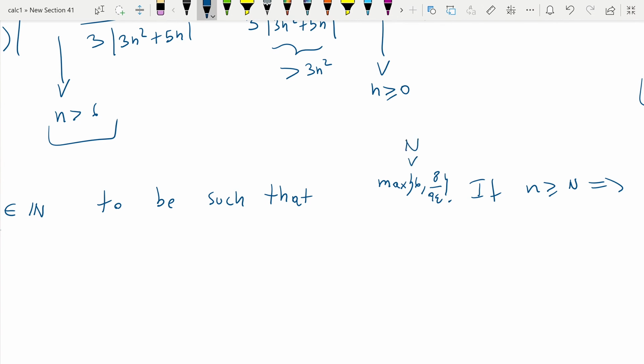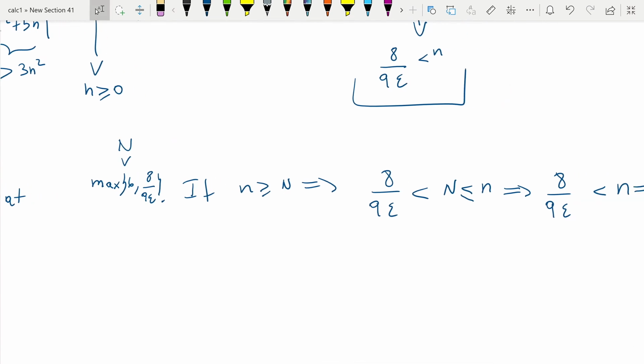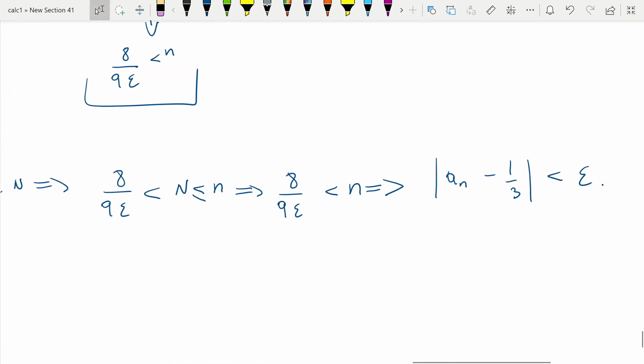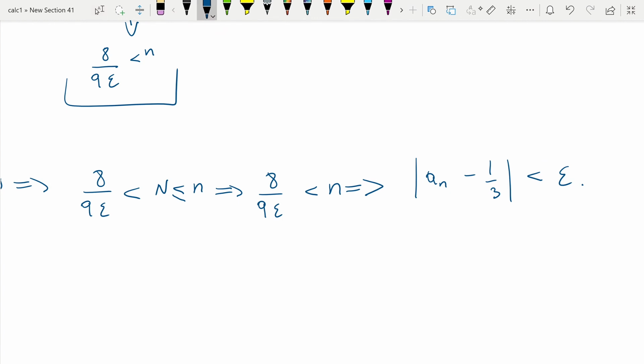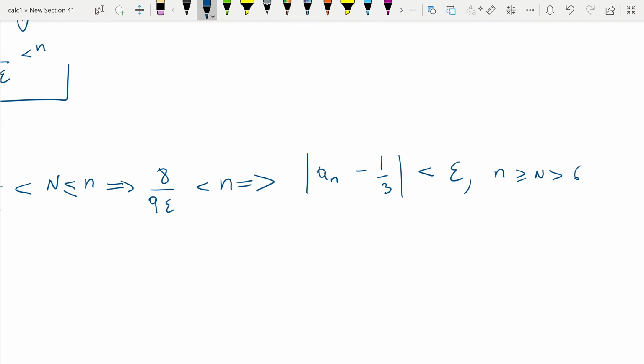So n greater than that. Now if little n is greater than or equal to capital N, then for sure n is going to be greater than this thing. And then that's going to imply that this is true, provided n is also greater than or equal to N, which is greater than 6.